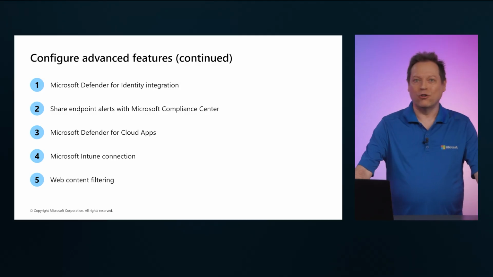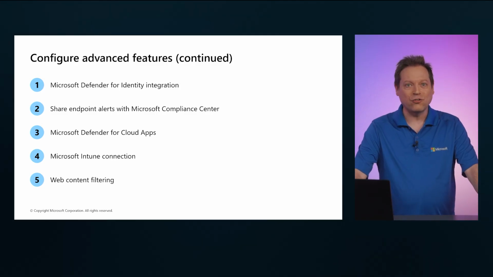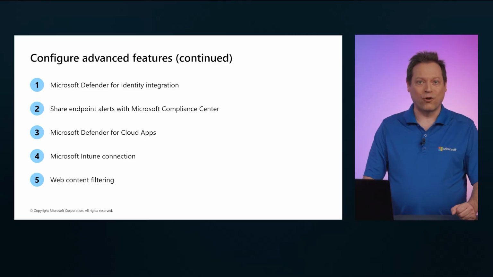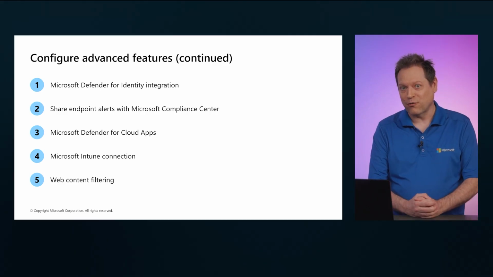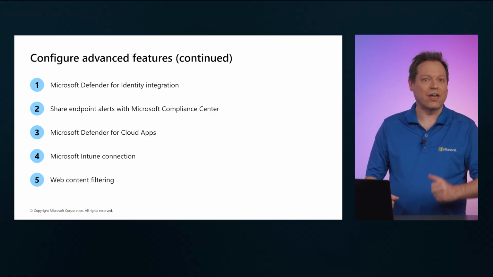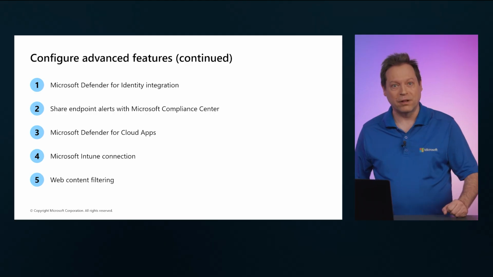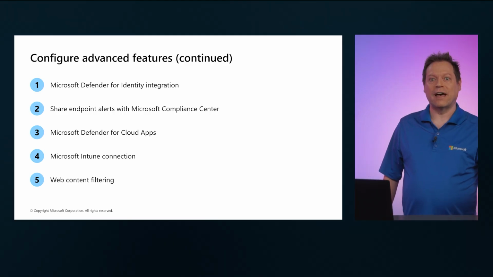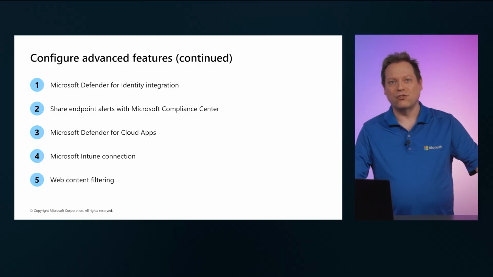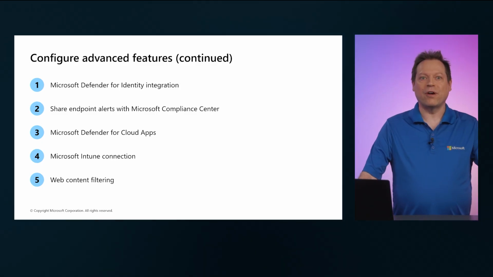Sharing endpoint alerts with Microsoft Compliance Center supports broader governance and compliance workflow. Microsoft Defender for Cloud Apps can receive Defender for Endpoint signal, giving administrators deeper visibility into both sanctioned cloud apps and shadow IT. The Microsoft Intune connector enables sharing of device information and stronger policy enforcement.